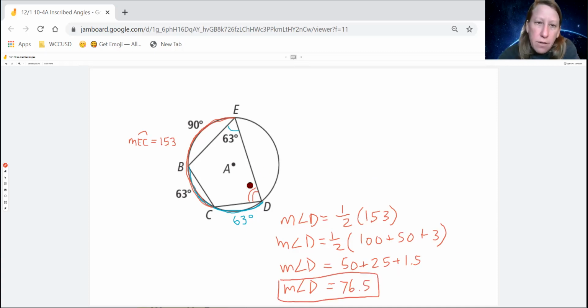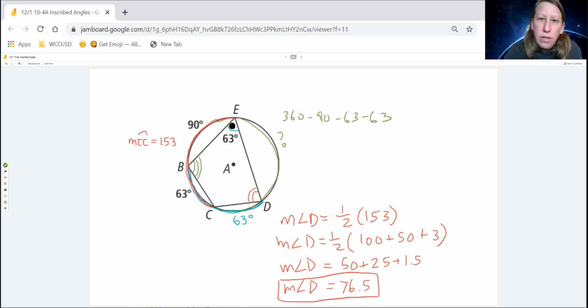Okay, let's do another one. How about angle B? These are fun. Let's change colors to angle B. Okay, that is going to be half of this. Uh-oh, do we know how much this is? Can we figure it out? Yes, we can. We can do 360 minus 90 minus 63 minus 63.